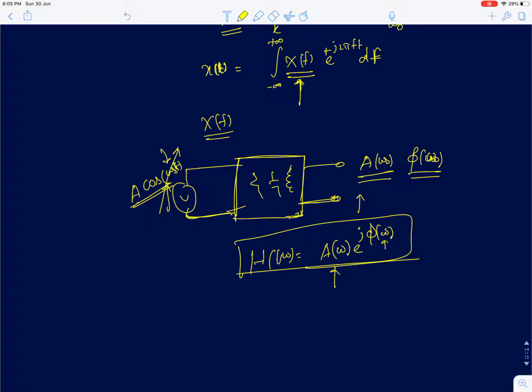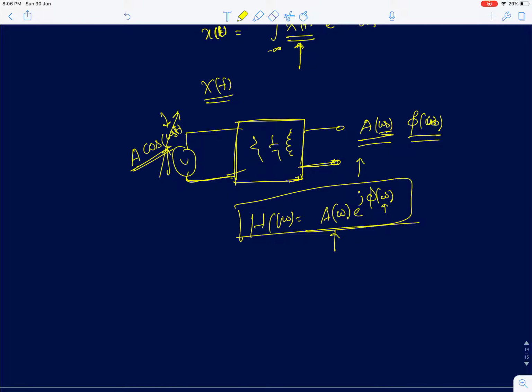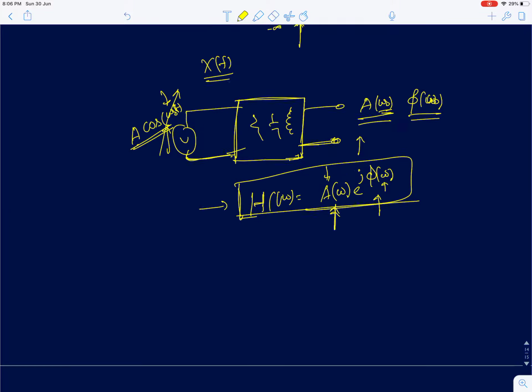I've just used omega here, instead of omega naught, as the frequency variable. So H of omega contains information. If I feed in a signal of a certain frequency, you will know how much that signal will be attenuated, from A, and by how much it will be shifted in phase. So both pieces of information are contained in the frequency response.